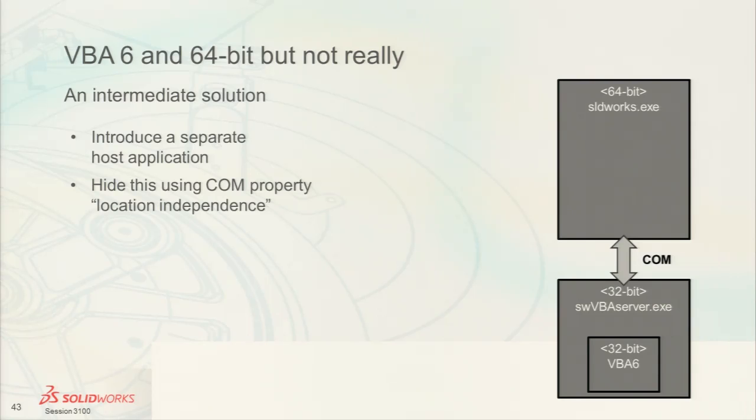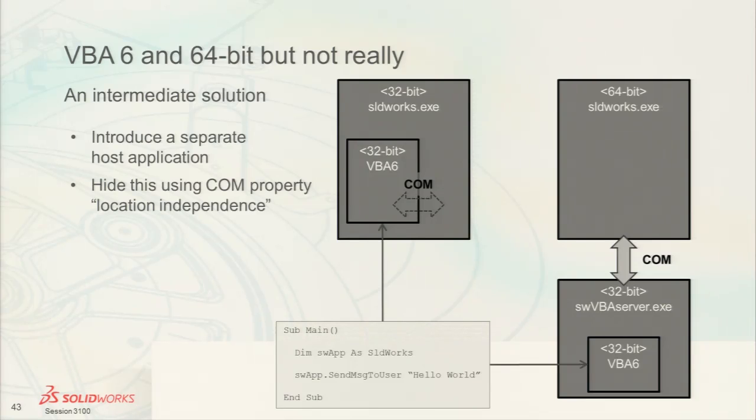In the COM terminology, it's called location independence. The COM objects, or the users of the COM objects, don't really care where the object lives. So we showed it here. We have again the basic SolidWorks Hello World. We can use that in both worlds now, as is. So whenever you call something on, say, SW app, we don't really care where the object actually does its work.